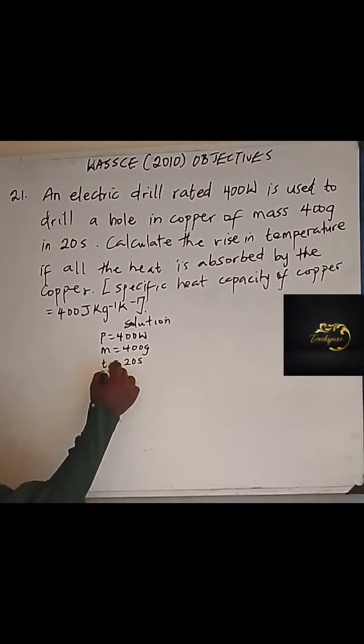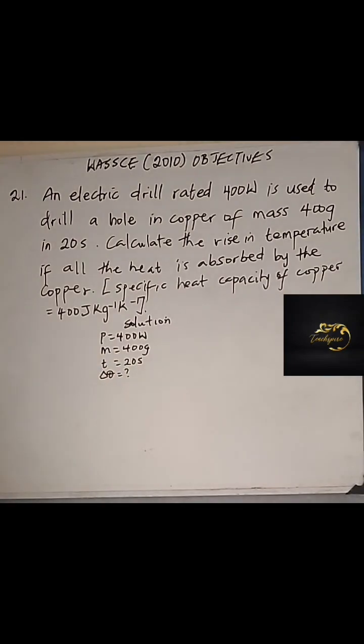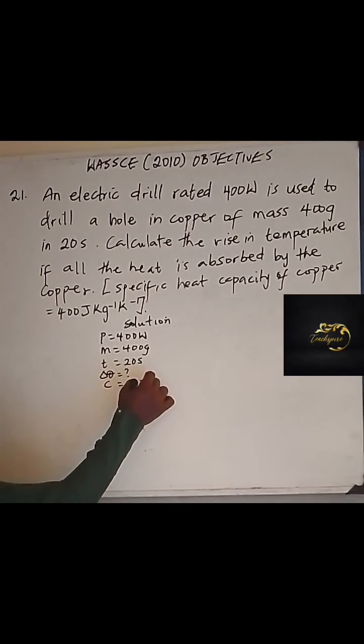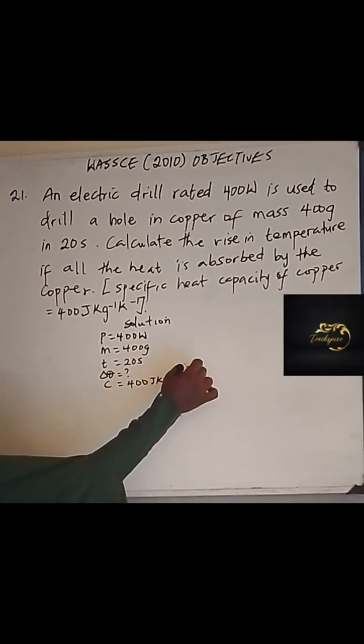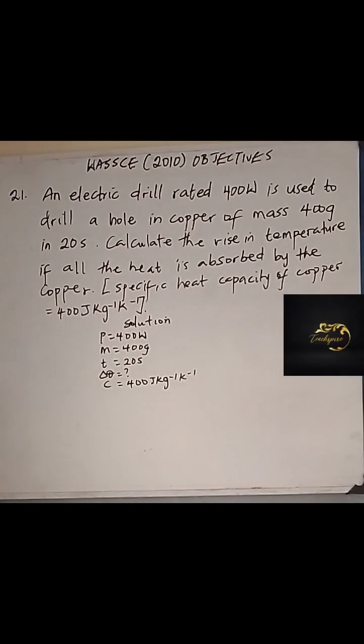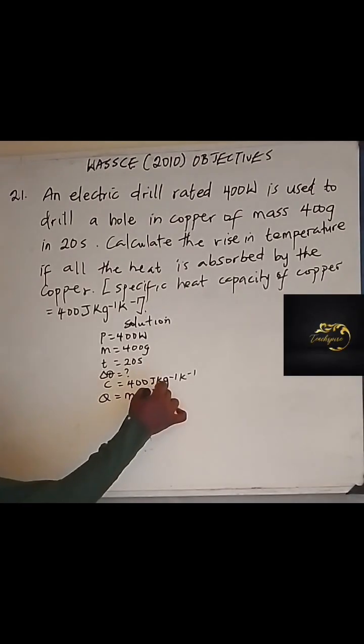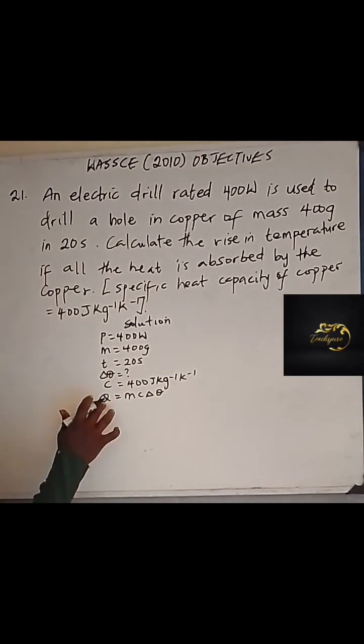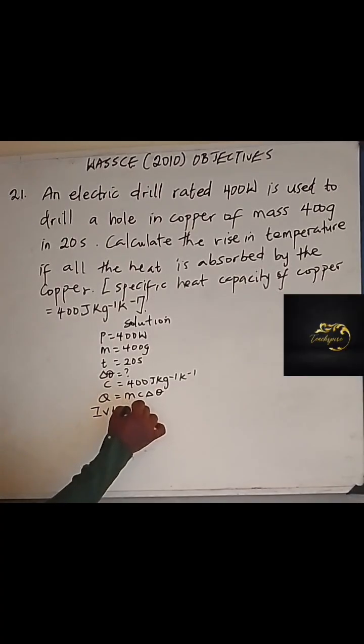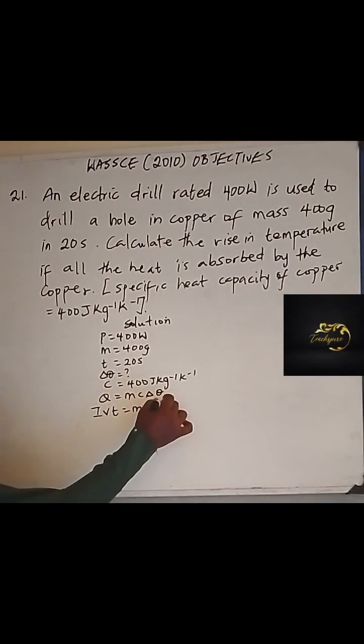We are asked to find the temperature change if all the heat is absorbed by the copper, and we are given specific heat capacity to be 400 joules per kilogram per Kelvin. Now we are going to use the relationship Q equals MC change in theta. But we are not given Q, so we'll break it down and it becomes IVT equals MC change in theta.